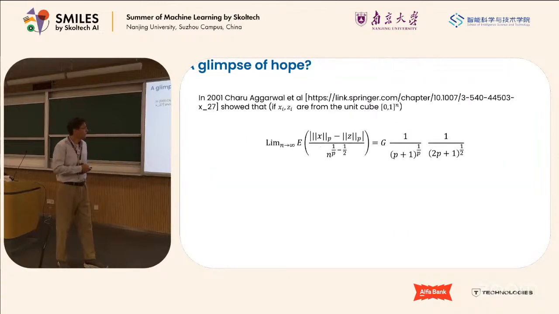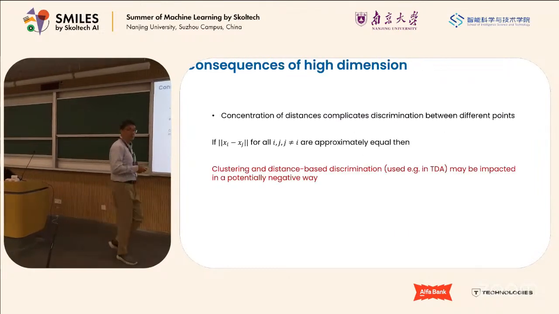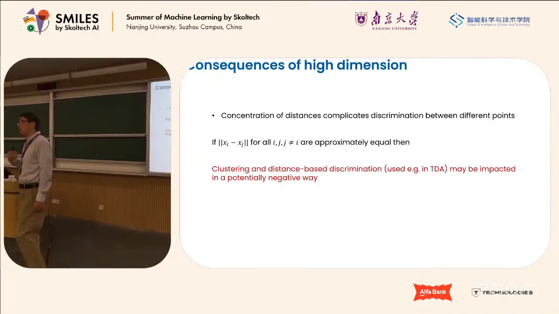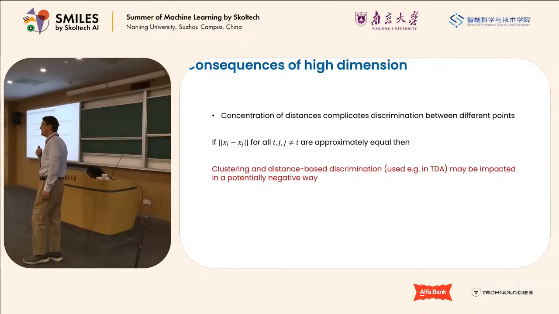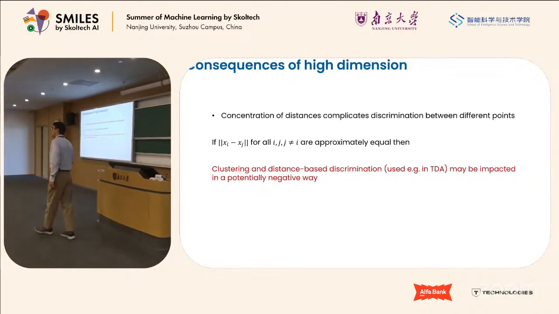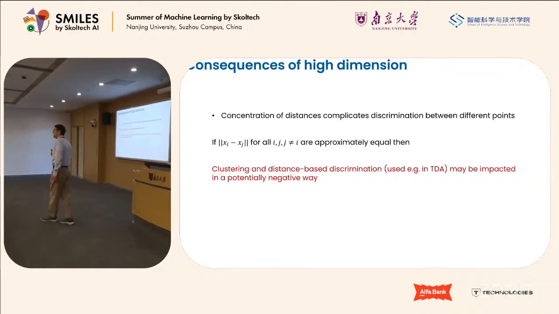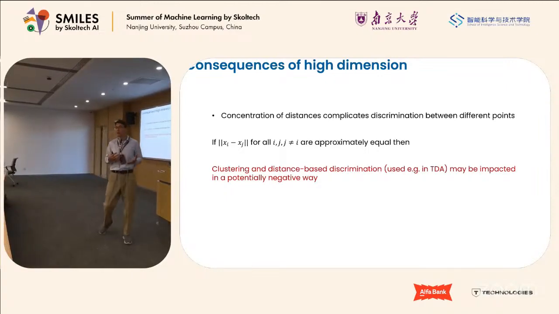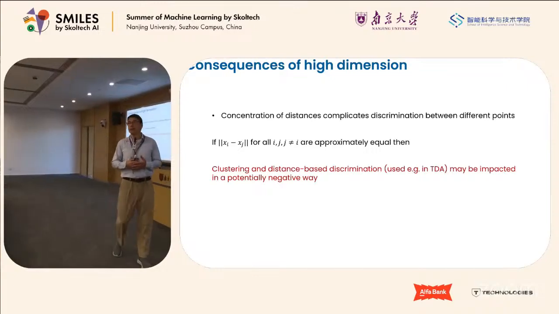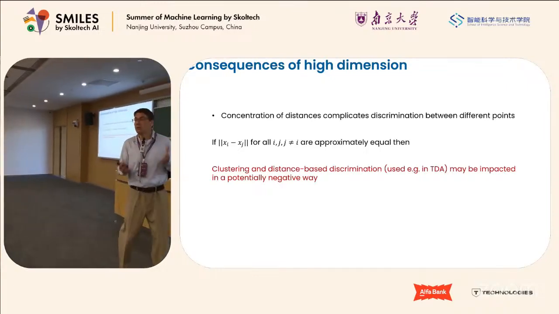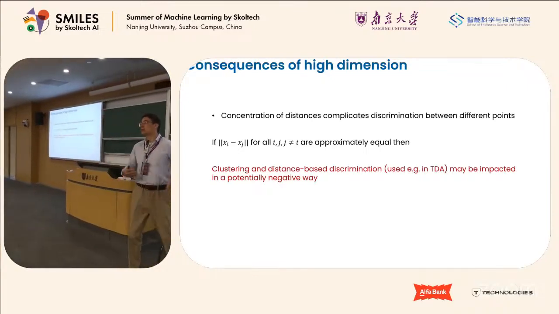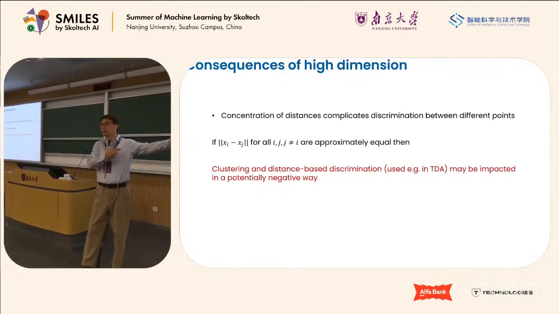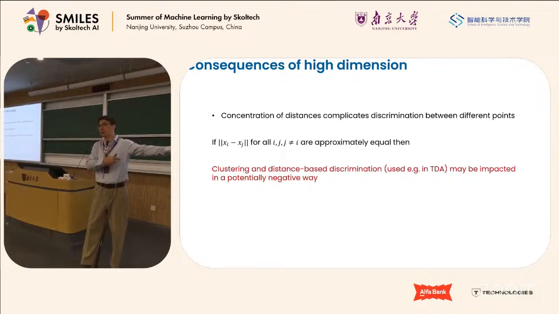So why is this important, you may ask? I don't know whether you already met and already seen such an object, like topological data analysis, or in fact any clustering method in high dimension. But just to tell you why this is important, on my previous slides, I said that distances, unfortunately, concentrate in high dimensions.